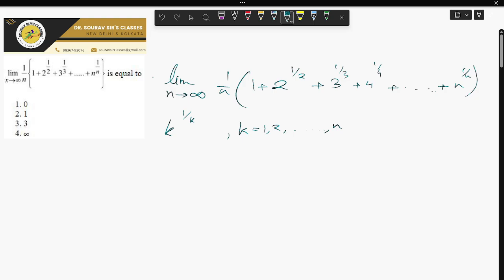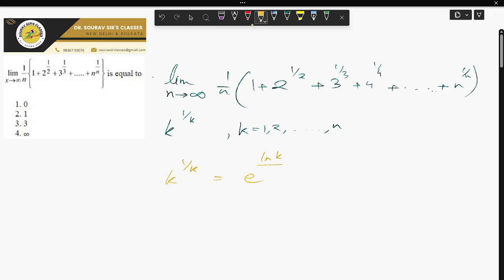This function k to the power 1 by k can be rewritten using exponentials and logarithms. So k raised to the power 1 by k will be equal to e to the power (ln k upon k).